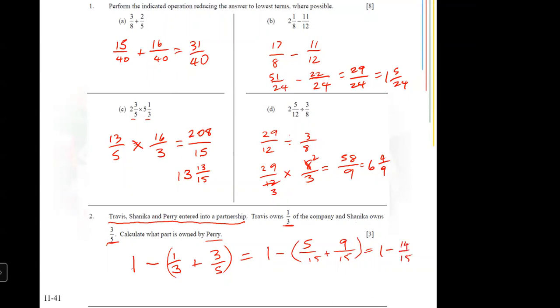So 1 minus 14 over 15. If you change 1 into 15ths, how many 15ths would that be? You need a common denominator. 15 over 15, right? 15 minus 14 over 15 equals 1 over 15. So the answer is 1 over 15.